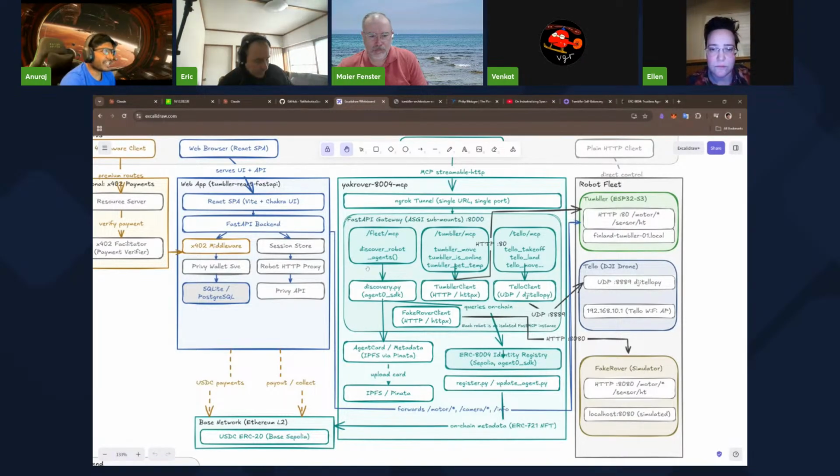Basically, the front end is done in React, and then I have a backend to manage the robot sessions, payments, and wallets. Right now it just interacts with the registered robots with HTTP, and that is already known, and I have hard coded it.